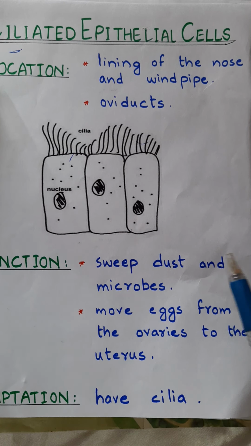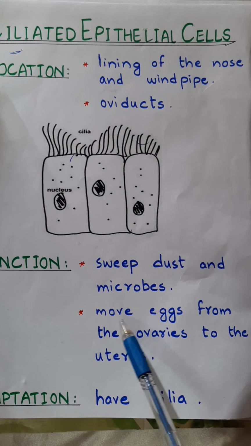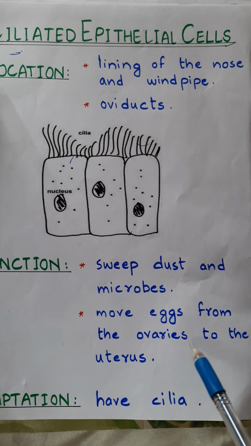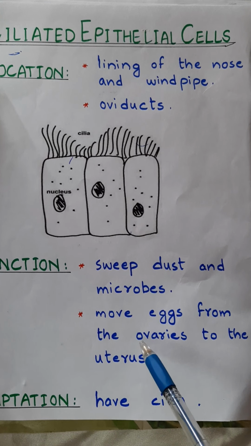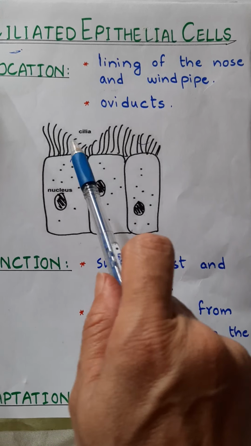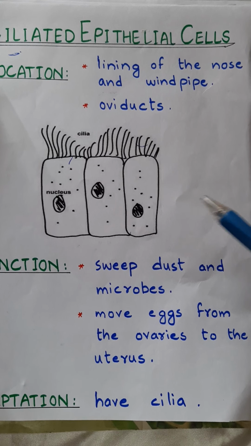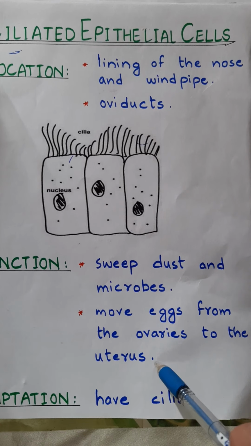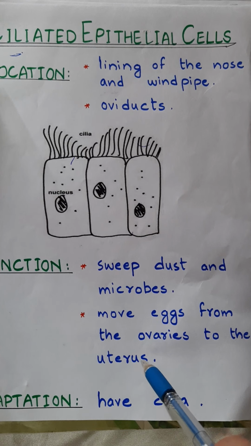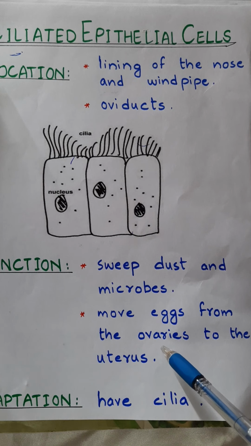Then due to the presence of cilia, they move the eggs from the ovaries to the uterus. It means that eggs are made in the ovaries and they must be moved to the uterus. So these cilia act like tiny brooms and they move the eggs through the oviducts to the uterus, and after that from the uterus they are eliminated outside the body for further reproduction.